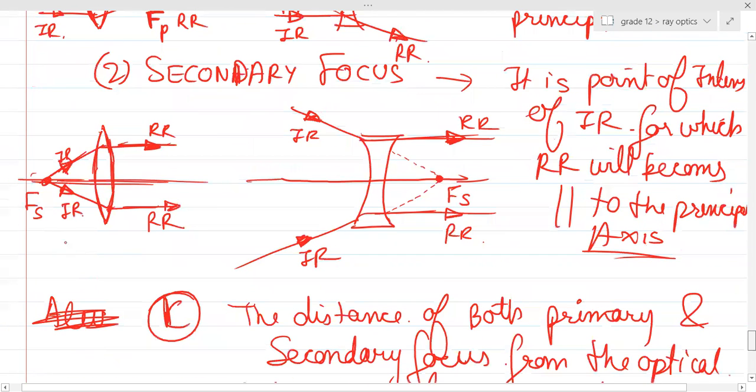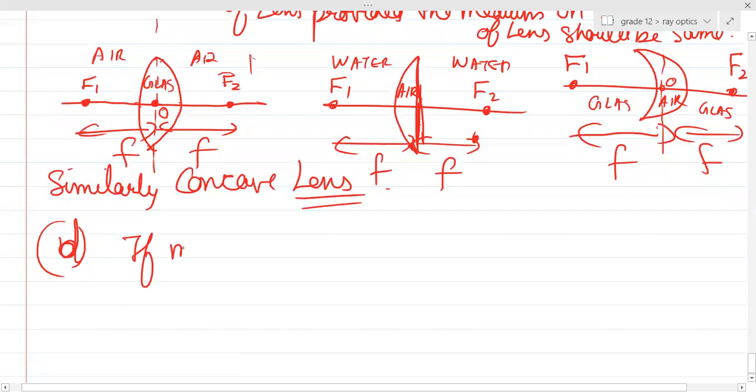B point. If mediums are not the same, please remember I'm talking only about the magnitude, right? Only about the magnitude. Obviously, you can see the sign will be different, according to the sign conventions.